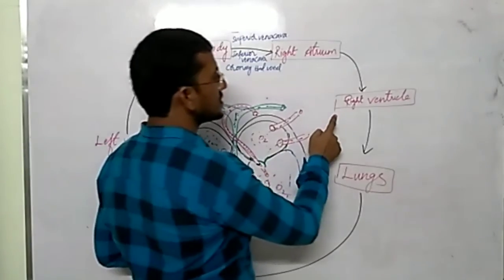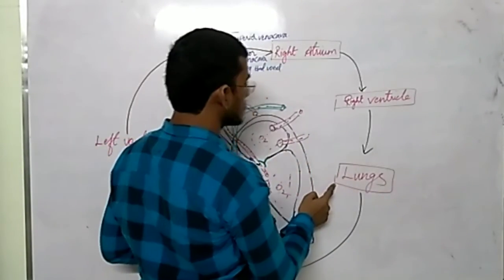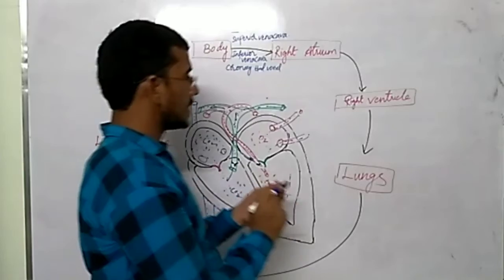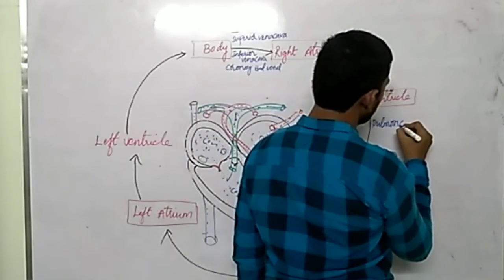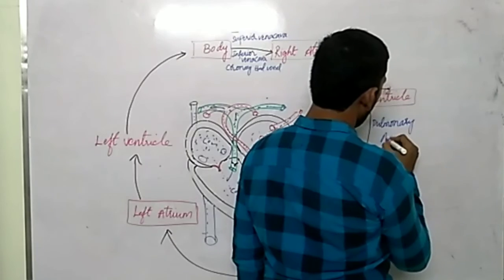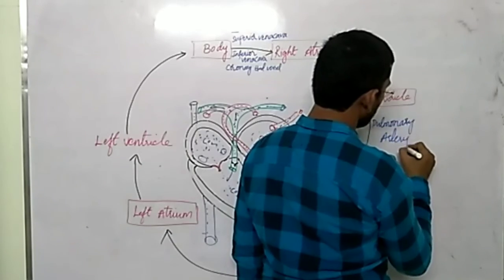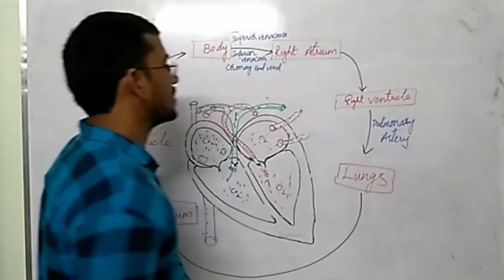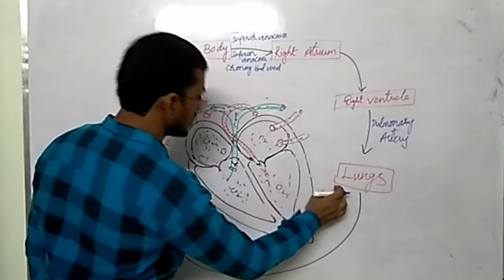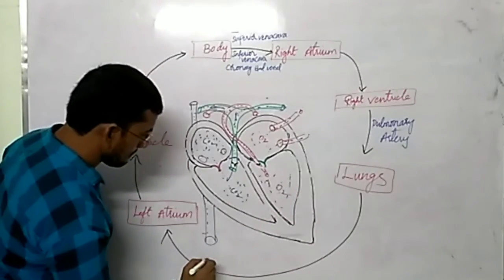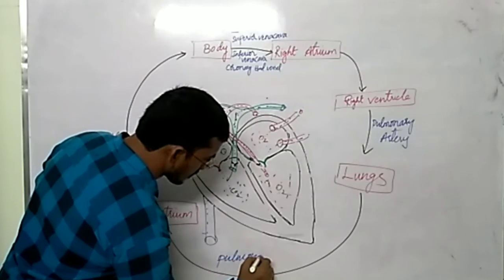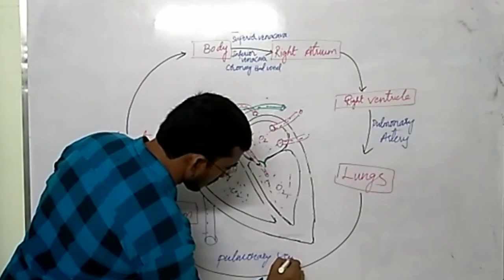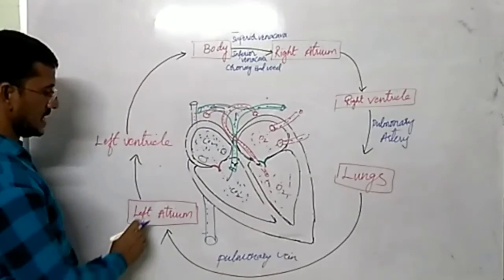Again, from right ventricle to lungs, pulmonary artery is going to bring the blood to lungs. From lungs, pulmonary vein will bring the blood to left atrium.